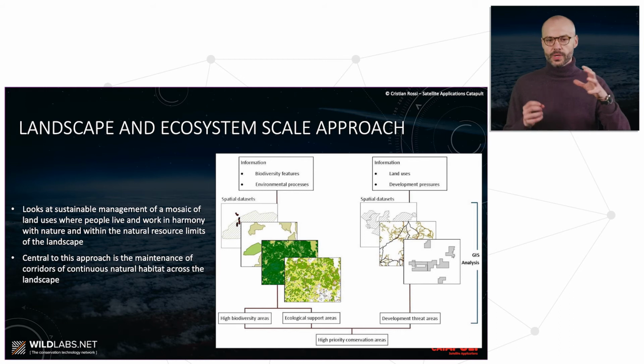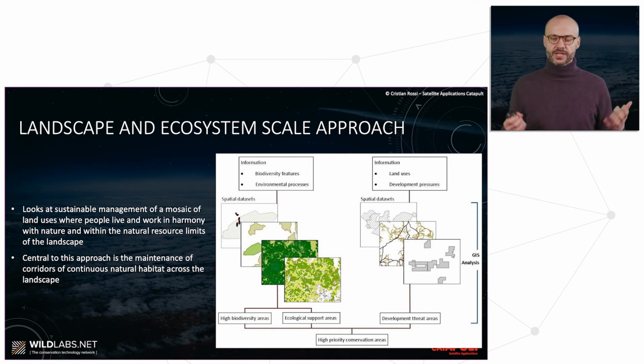What we are looking at is to use Earth observation data, and specifically different layers of data in what is called GIS analysis. I haven't yet mentioned this term, geographical information system.